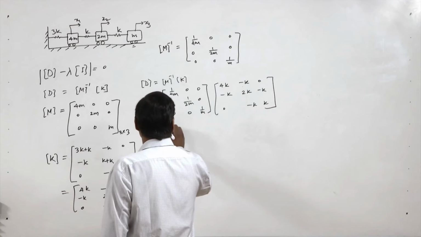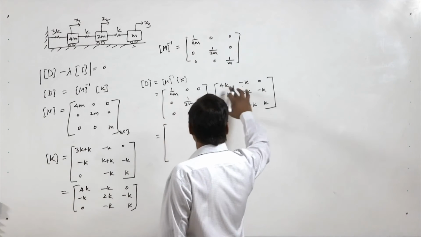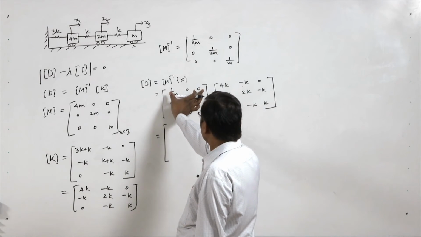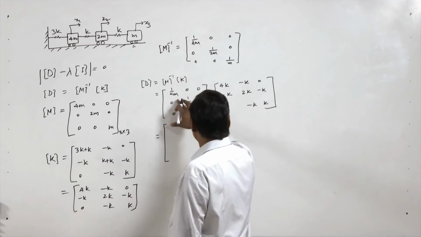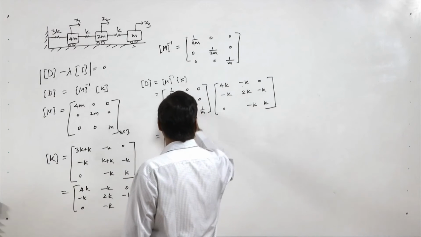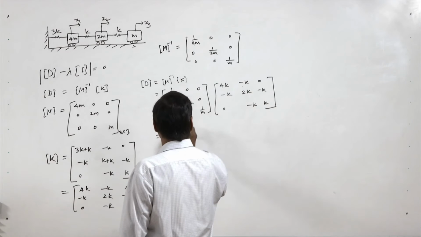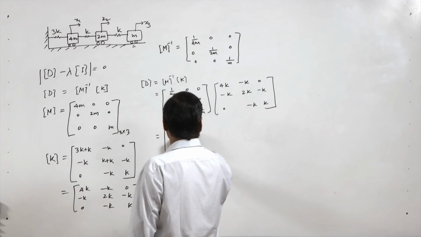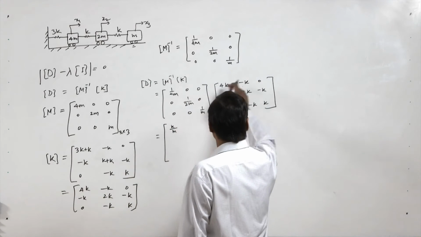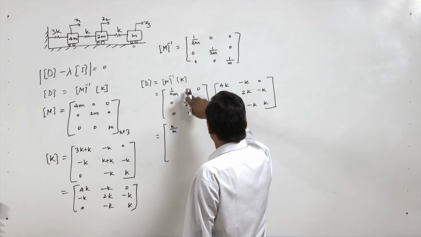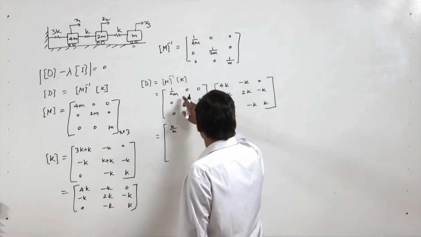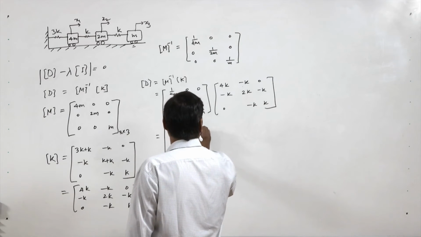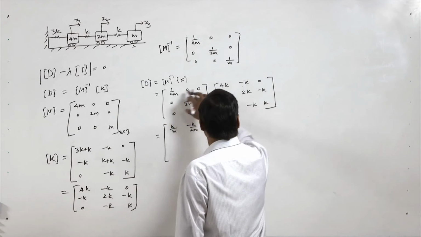So now we have to multiply these. If we want to find this element, we multiply the first row and first column. So it is 4K by 4M, other terms are 0. So this is K by M. Then the second term, this term into this column, gives minus K by 4M, and the last one is 0.